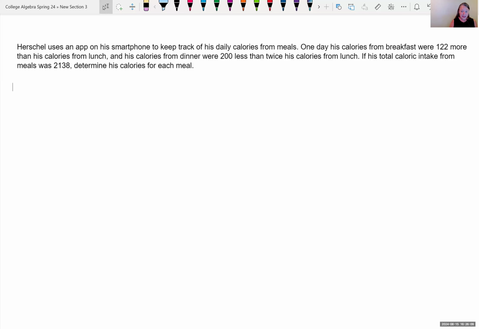So since they gave me breakfast in terms of lunch and they gave me dinner in terms of lunch for calories, I know that I'm going to want my variable to represent the number of calories for lunch. So maybe let's do L, which is equal to the number of calories eaten for lunch.